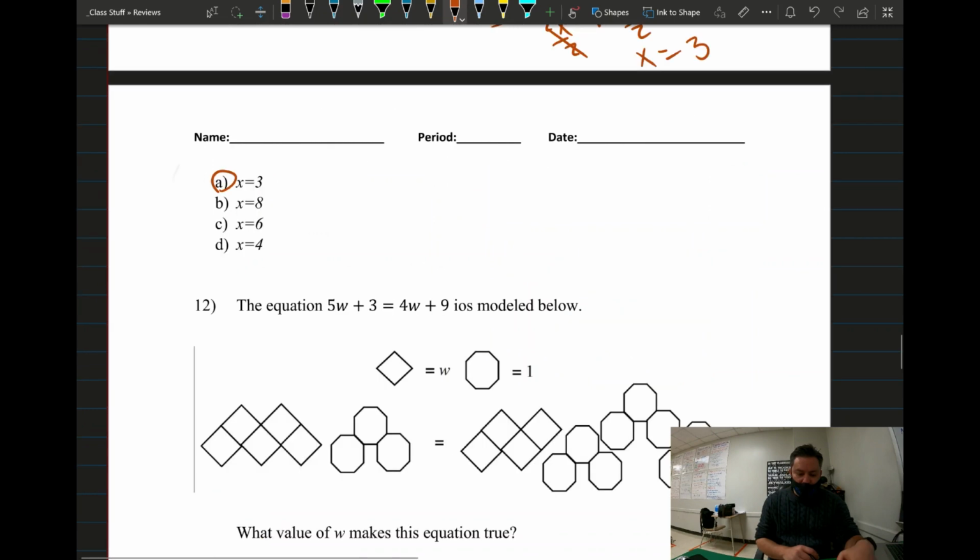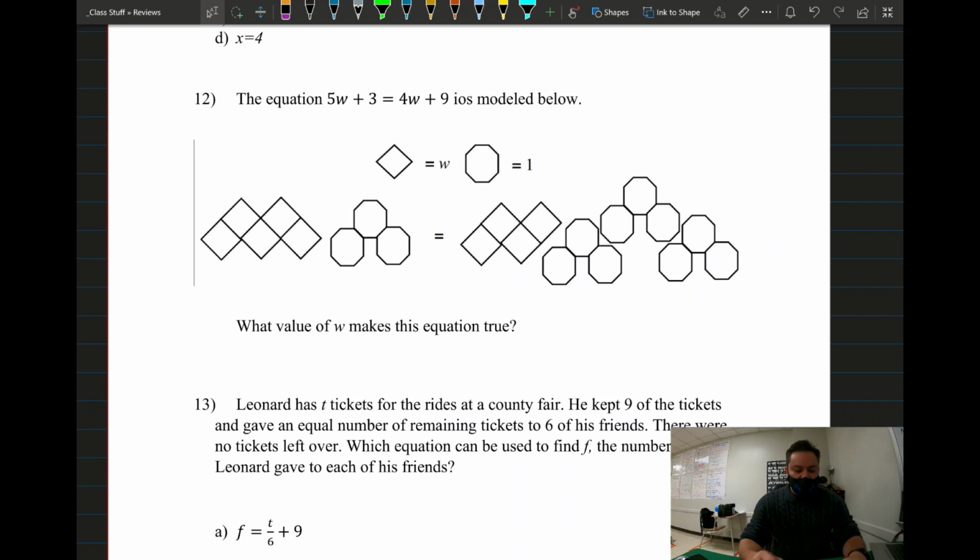You have another one, similar but kind of different. It says the equation 5w plus 3 equals 4w plus 9 is modeled below. Okay? So we have a model. Which value of w makes this equation true?